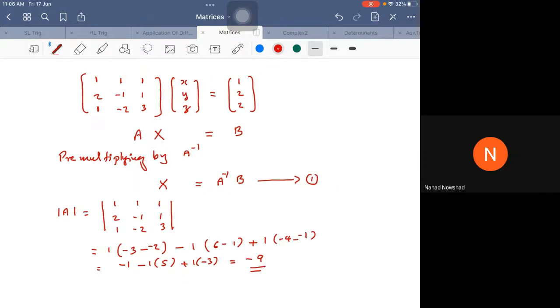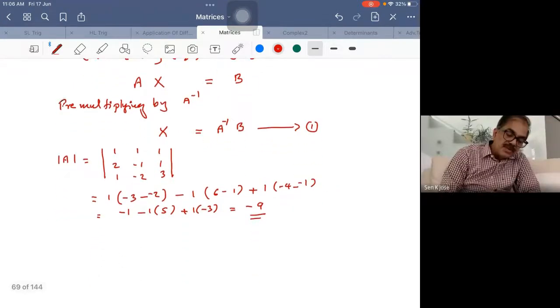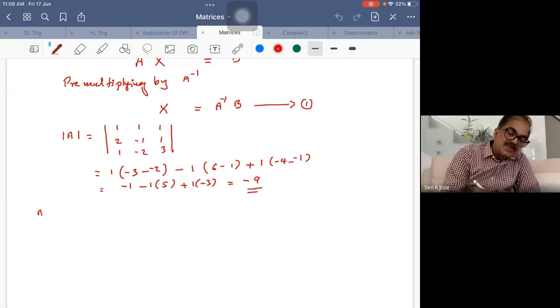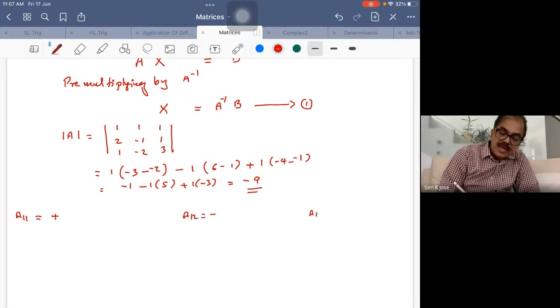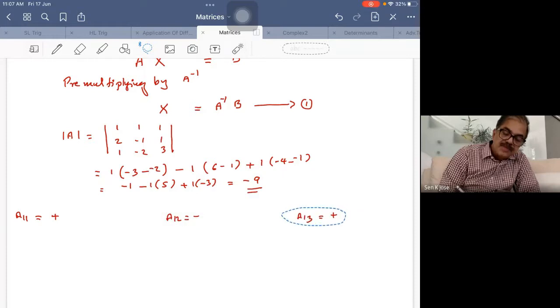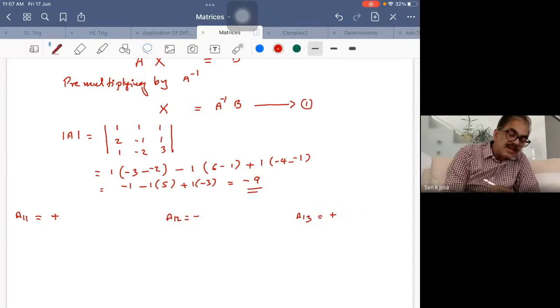Yes, sir. Okay. Now I need the cofactor, so I'm going for cofactor now. I'm going to list out the signs first. A11 will be plus of something. A12 will be minus of something. And A13 will be plus of something. Always make sure that you will be able to fit all three in one line.